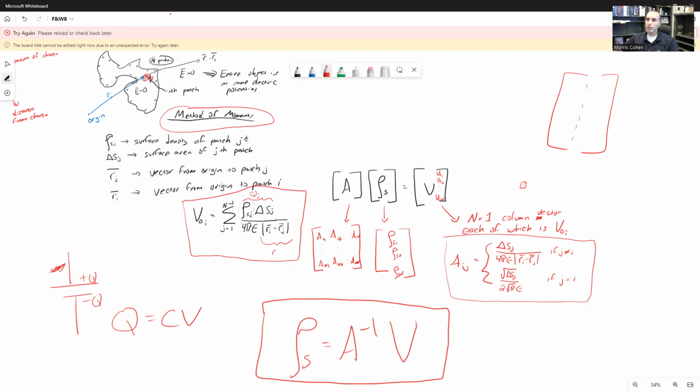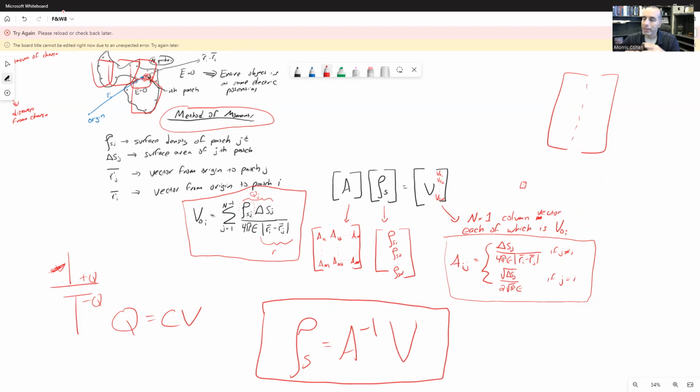All right, it just requires dividing up your object or your surface or your geometry into these small patches. Because this is an approximation, however, it's important that the patches be small enough that your approximation is pretty good. If you take this blob right here and you've got very big patches, your approximation is not going to be good because you're treating the charge density within each of these patches as if they were constant.